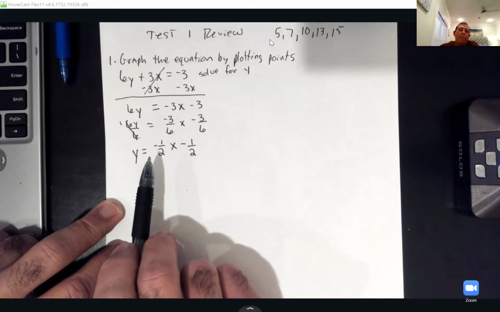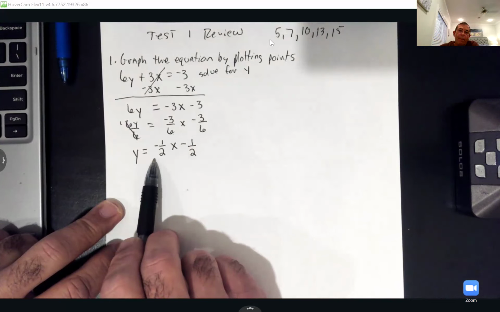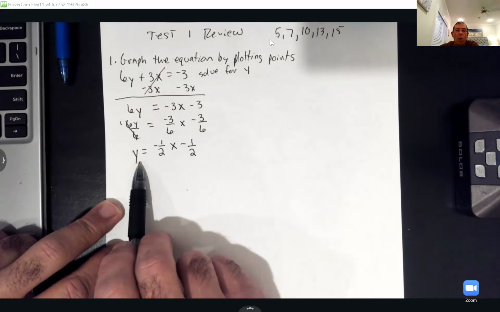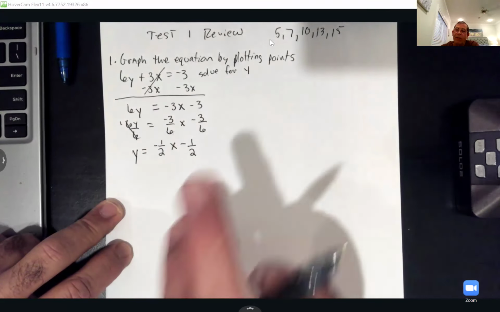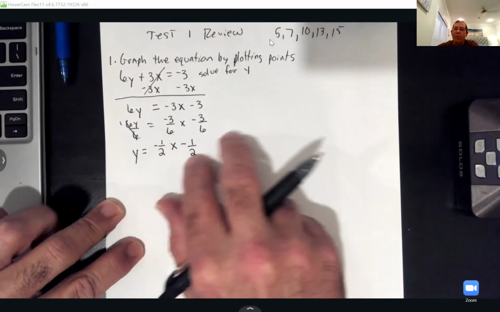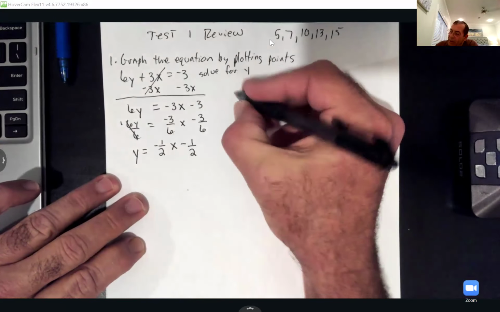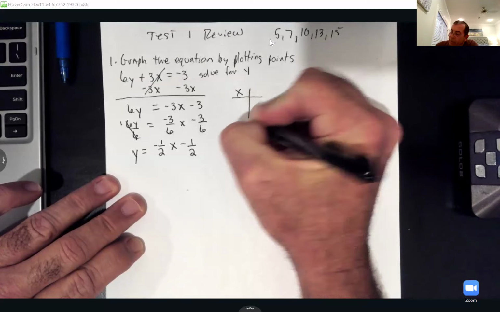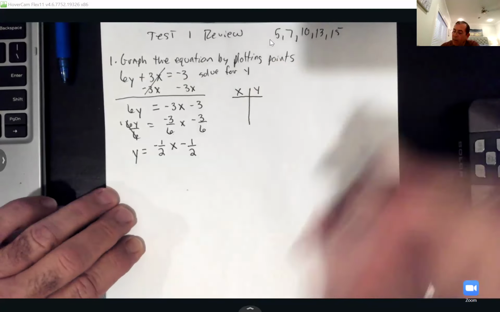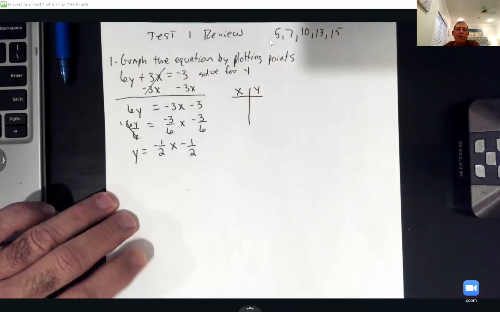So if you're using the calculator, you would go to y1, plug this in, get you 2 points, and graph it in MathLab, okay? So I'm actually doing everything by hand on this. So I'm just going to make me up an x and y.